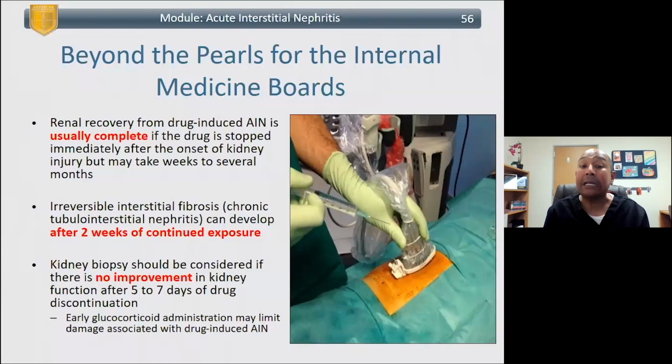Kidney biopsy should be considered if no improvement in kidney function after around 5 to 7 days of discontinuing the medication or the drug that you think is causing it. And early glucocorticoid administration may limit damage associated with drug-induced AIN.